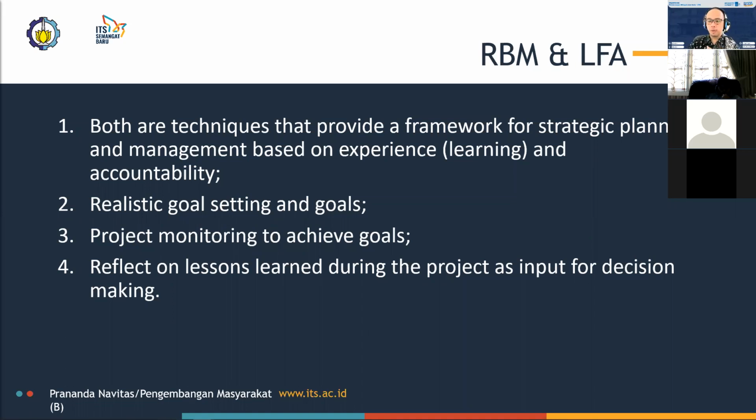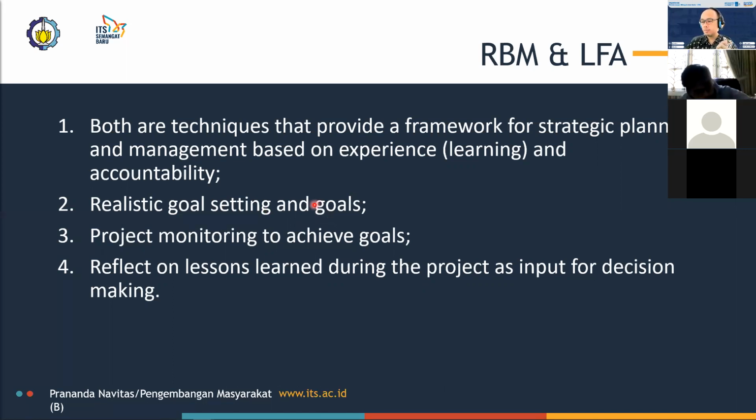Now, both techniques rely on realistic goal setting and objectives. Sorry, it's not realistic goal setting and goals, but realistic goal setting and objectives.